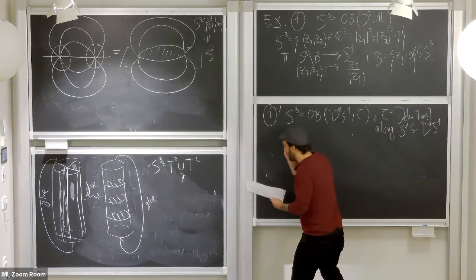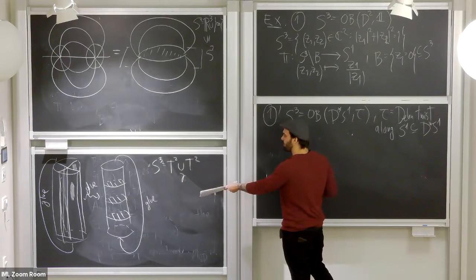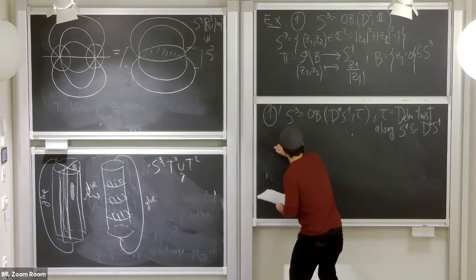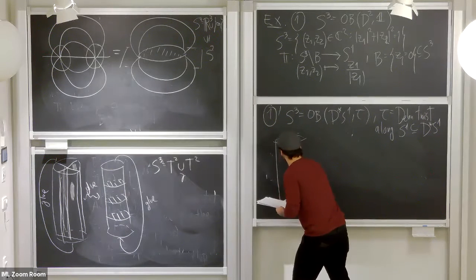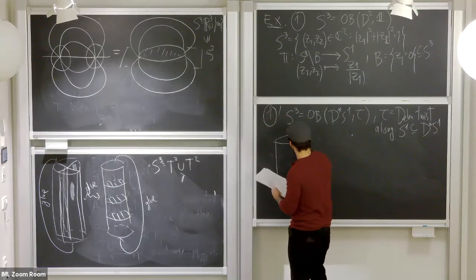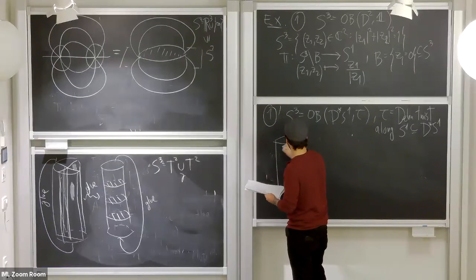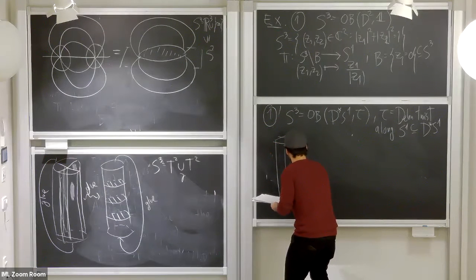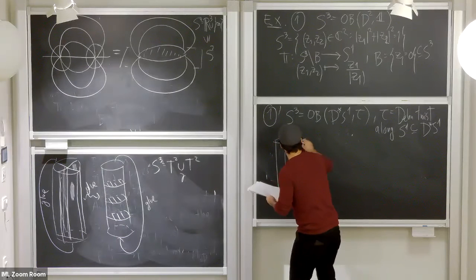One way to visualize it is also by a picture like this, which is a bit harder to draw. I'm going to try. You take the same solid torus on the one side, whose foliation by pages is the radial ones.